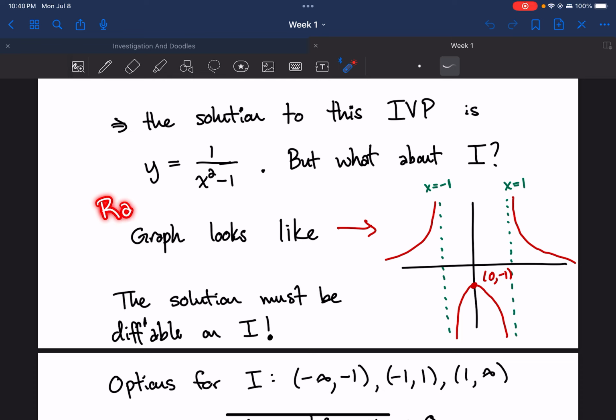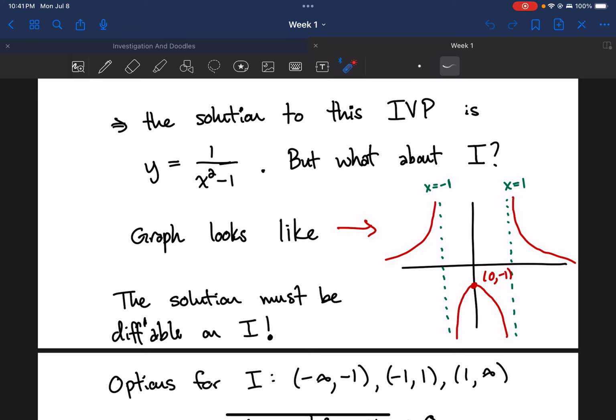This is a rational function. We know that the zeros of the denominator give us these vertical asymptotes at plus and minus 1. That's where I got these.